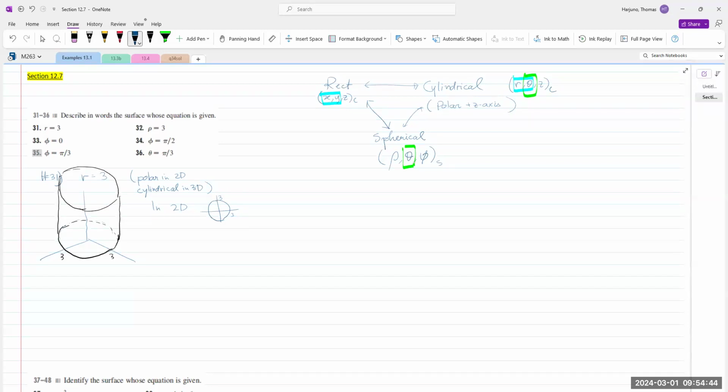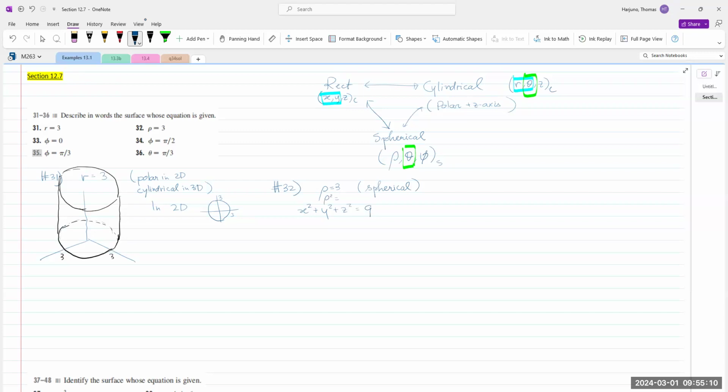How about number 32? Rho equals 3. Now this is spherical notation, which means the distance from the origin is 3. In rectangular coordinates, that rectangular equation will be x squared plus y squared plus z squared equals 9, right?